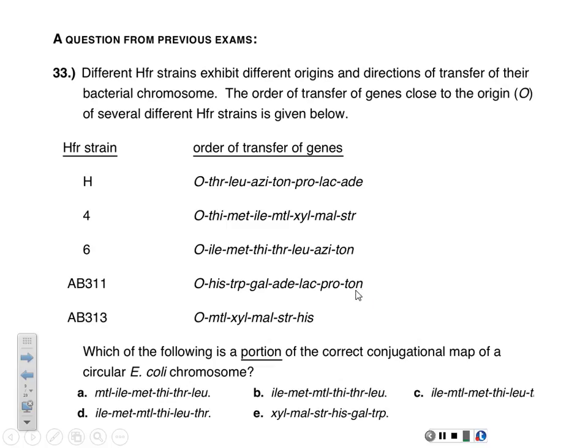And so I can tell you that what comes next in line, you go LEU, AZI, TON, and then PRO, LAC, ADE, GAL, TRP, HIS. Right? See how that goes? The TON overlaps. The PRO must be the thing that's on the other side of the TON, right?